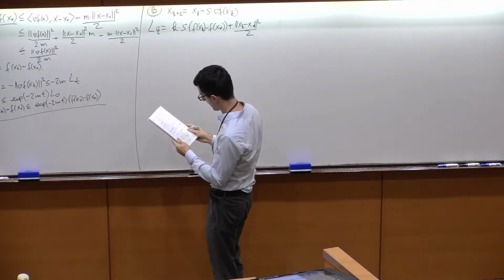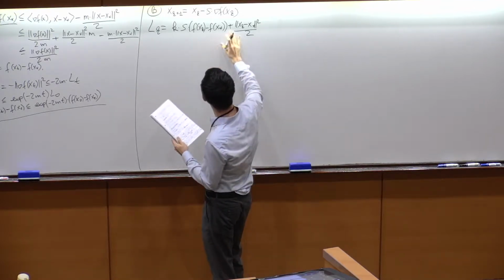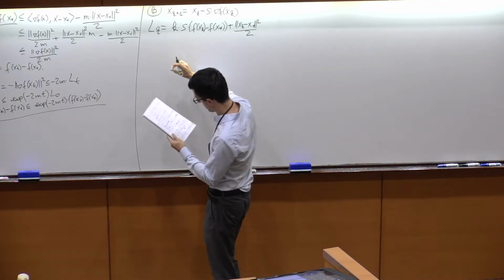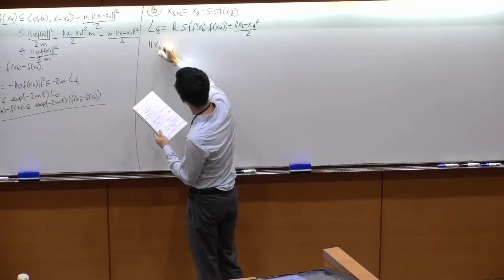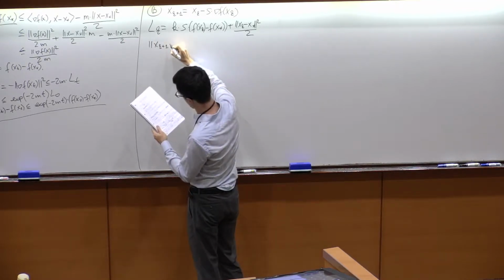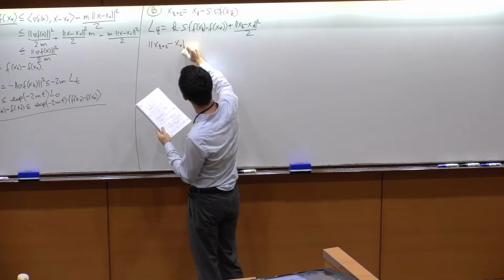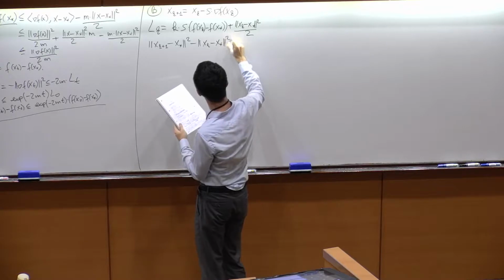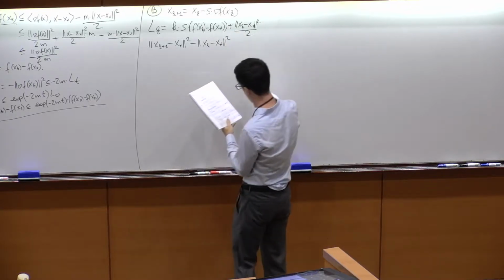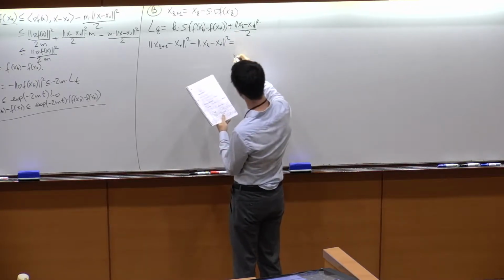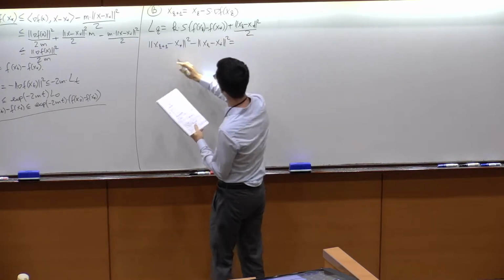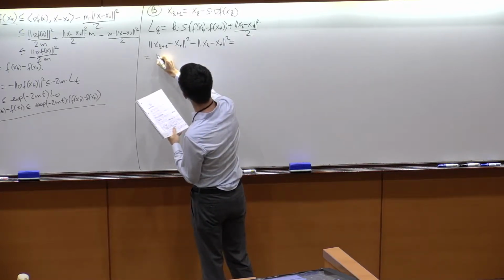First I'm going to compute the differences of these terms. First of all, you have ‖x_{k+1} − x star‖² minus ‖x_k − x star‖². This is equal to, basically, I'm just going to write it in this way.